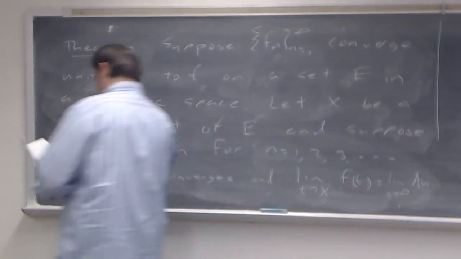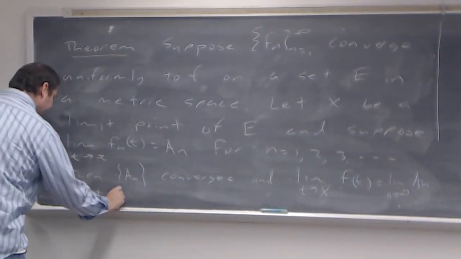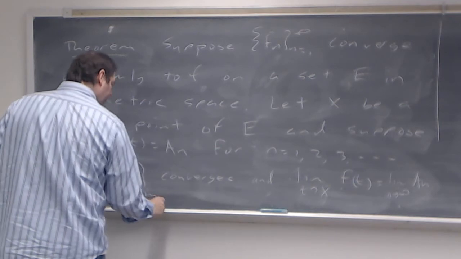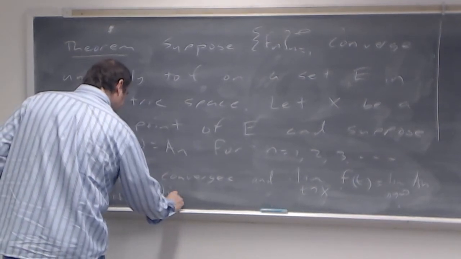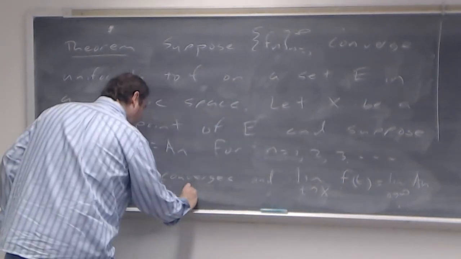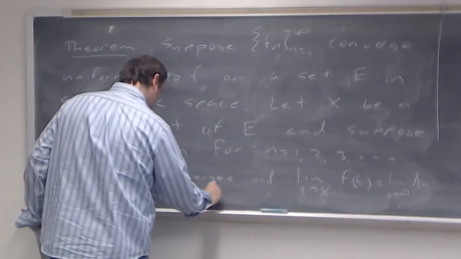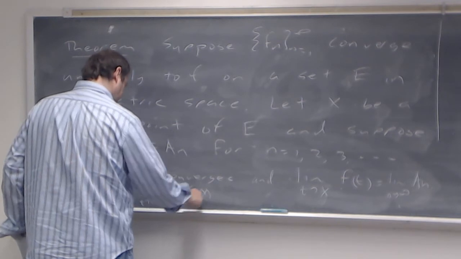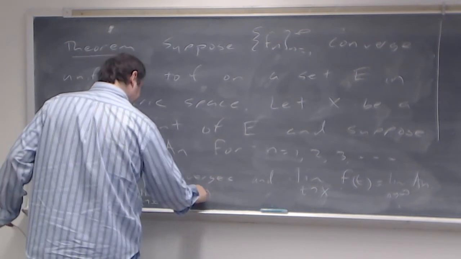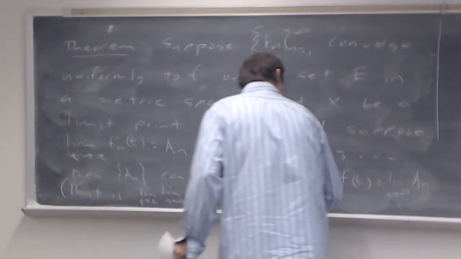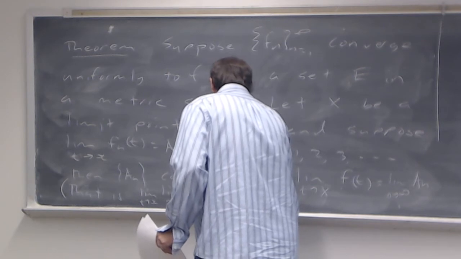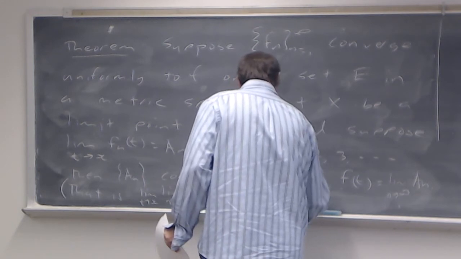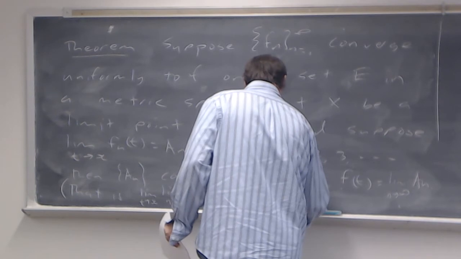And I've got just enough room, I want to write this down here. What this theorem is saying, so this is a parenthetical expression, is the limit as t goes to x of the limit as n goes to infinity of f sub n of t, because that's what f of t is, equals the limit as n goes to infinity of a sub n, which is the limit as n goes to infinity of the limit as t goes to x of f sub n of t.